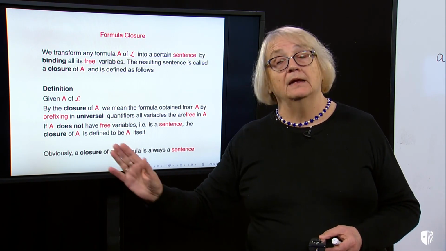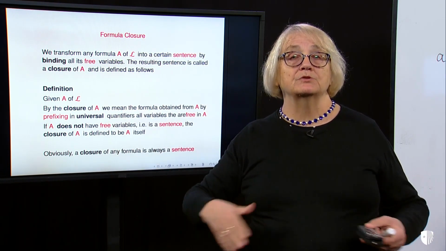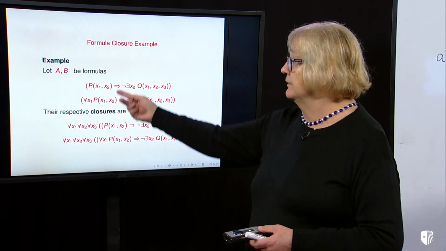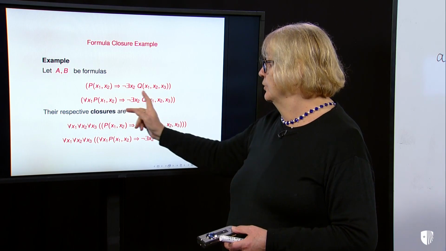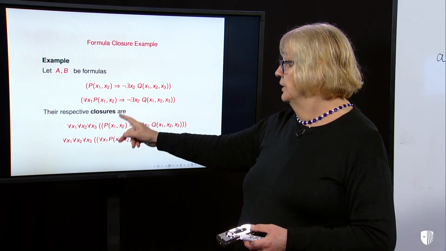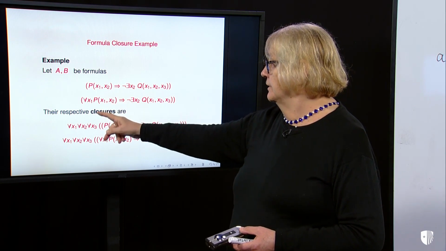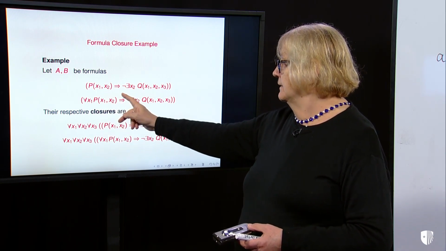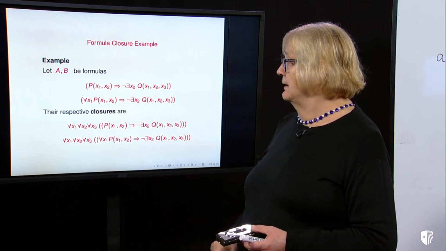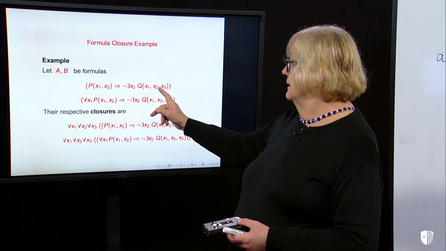In this way we can just close all the variables and deal only with sentences. And here's an example. If you have a formula, it has 1, 2, this is bounded, and here is free, so I bind it.